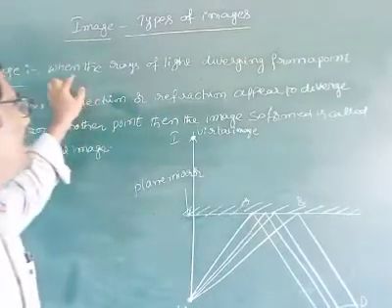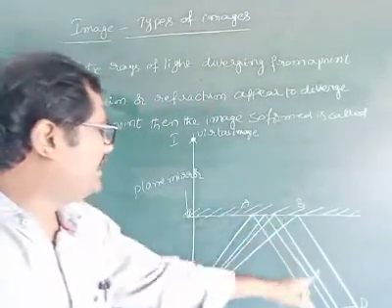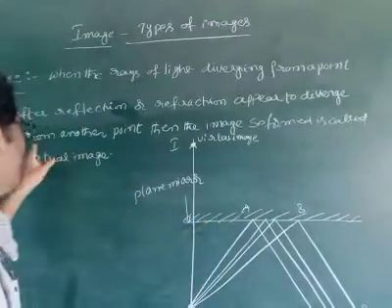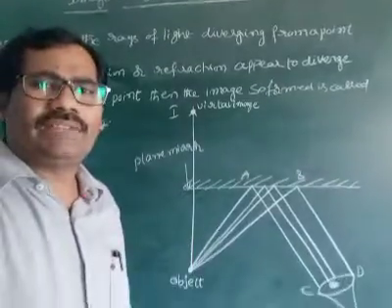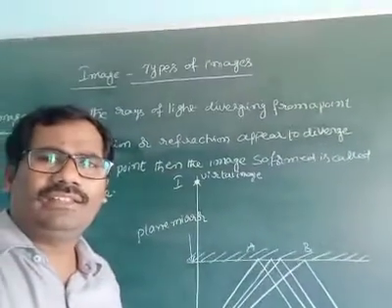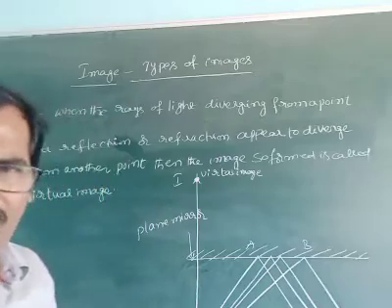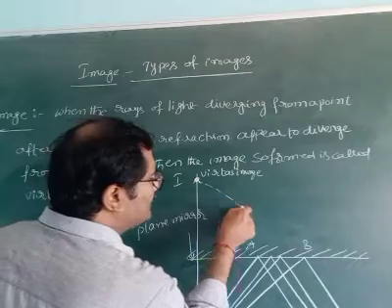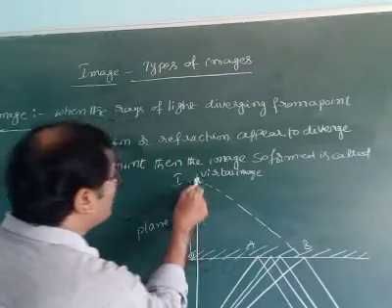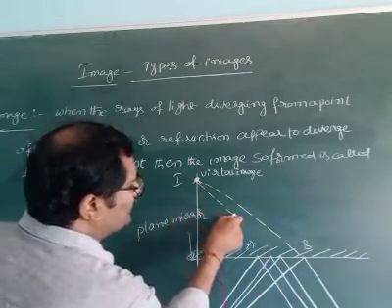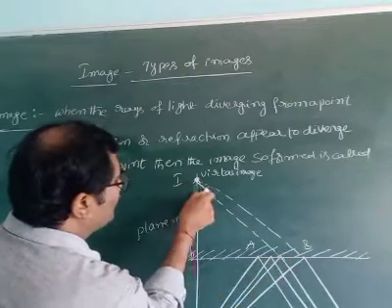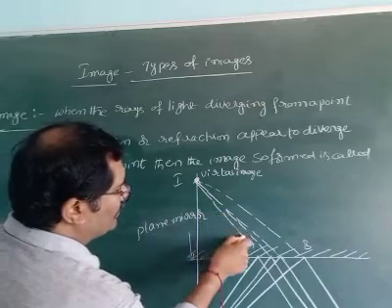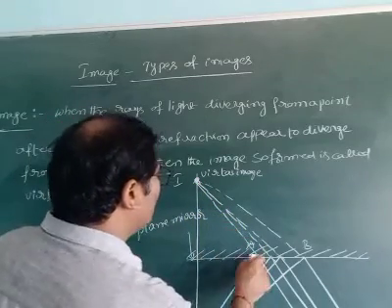That means when the rays of light diverging from a point, after reflection, appear to diverge from another point, it can form a virtual image.